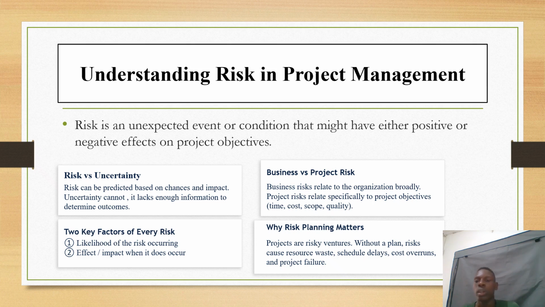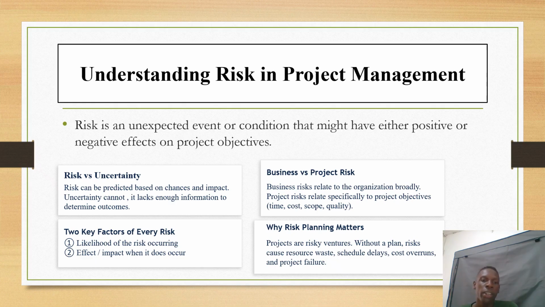So we go ahead and distinguish between a risk and an uncertainty. A risk is something that can be predicted based on its chances or impact, whereas an uncertainty cannot, because in most cases you lack information about it and you cannot determine its outcome.